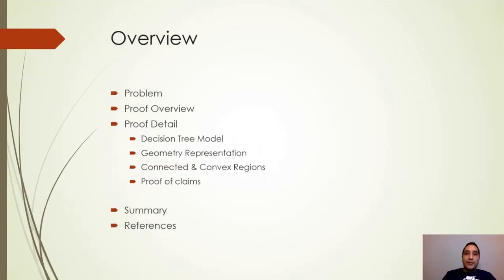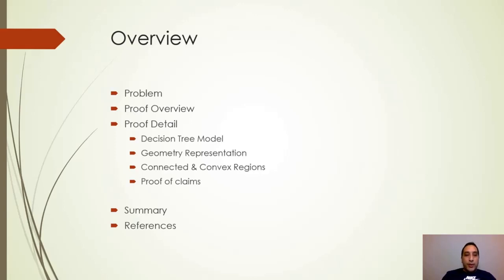The first thing that we're going to talk about in this presentation is the problem itself, a description of the problem. What are we trying to solve, or what are we trying to improve upon? Once we get this out of the way, we're going to talk about the proof overview, where we state the claims that we're going to be using during this presentation and proof.